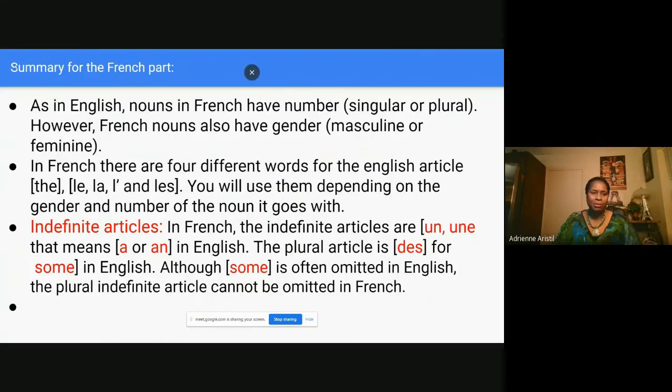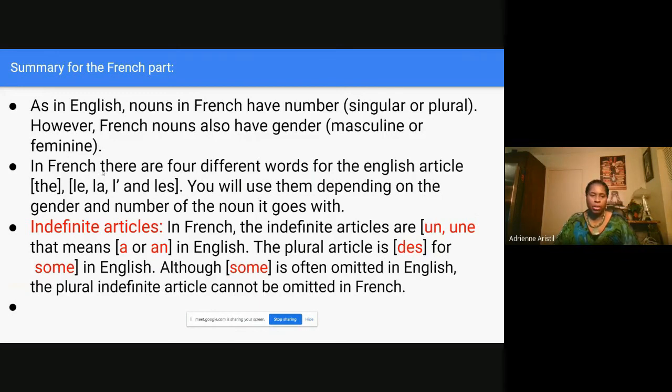But before I leave, let me give you this little summary. As in English, nouns in French have number, singular or plural. However, French nouns also have gender, masculine or feminine.